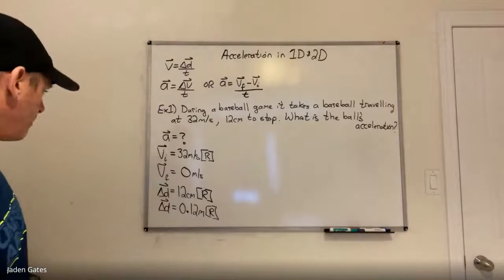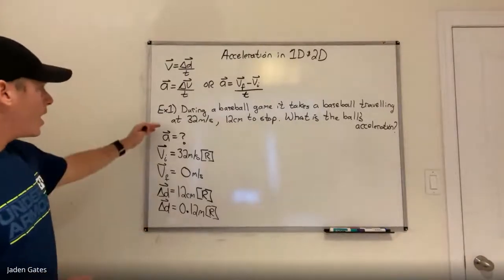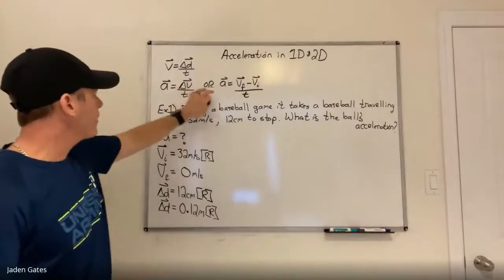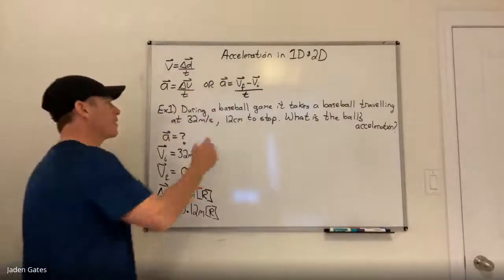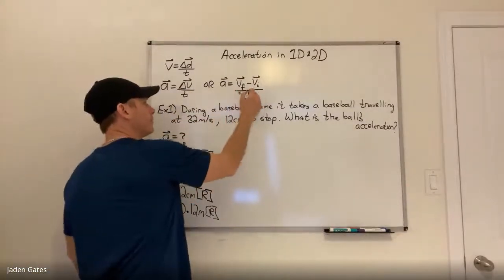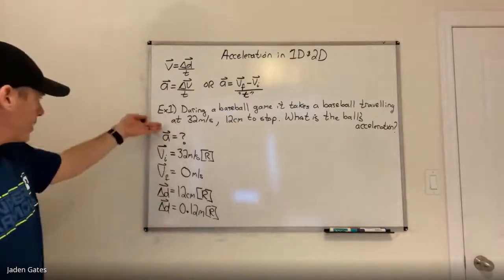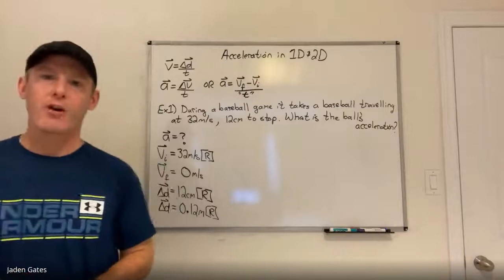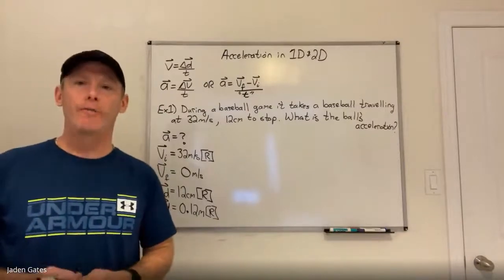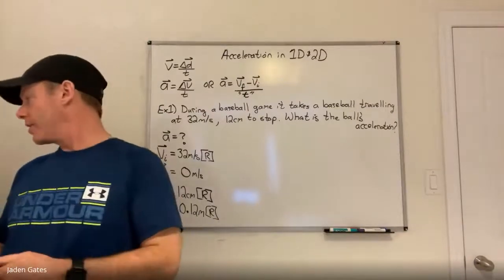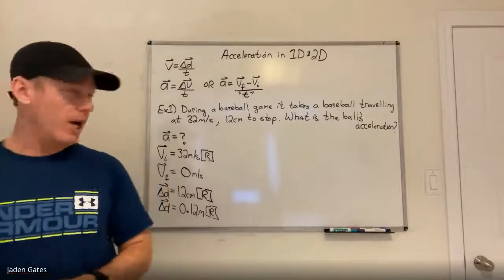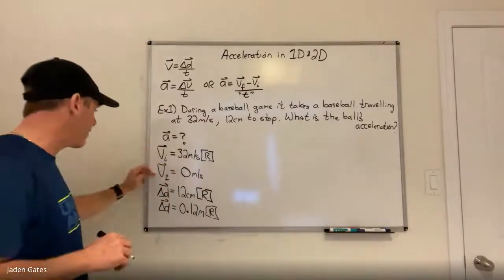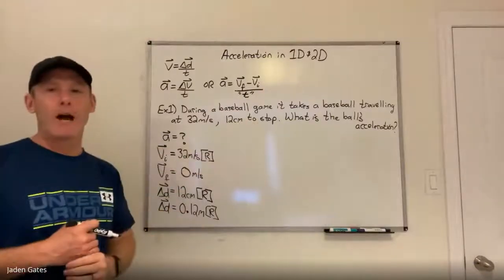Now, here's a problem that we have. I want to use this formula, right, for acceleration, but I'm missing time. I don't have the time here to figure out the acceleration. So this is something that we're going to get into in our next class, is a little review of motion equations. And there is a motion equation that involves delta D and these other variables that we have, VI and VF, that is going to allow us to find the time.